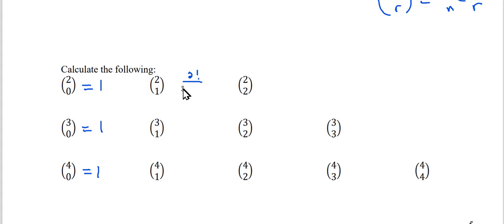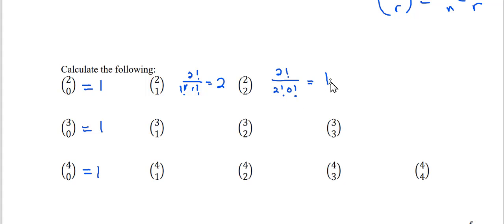We can do this one here. 2 factorial over 1 factorial times 1 factorial is what will be left there. When we do the subtraction, 2 minus 1 is 1 factorial. That's going to be 2. 1 factorial is just 1. 2 factorial over 2 factorial times 2 minus 2 is 0 factorial.